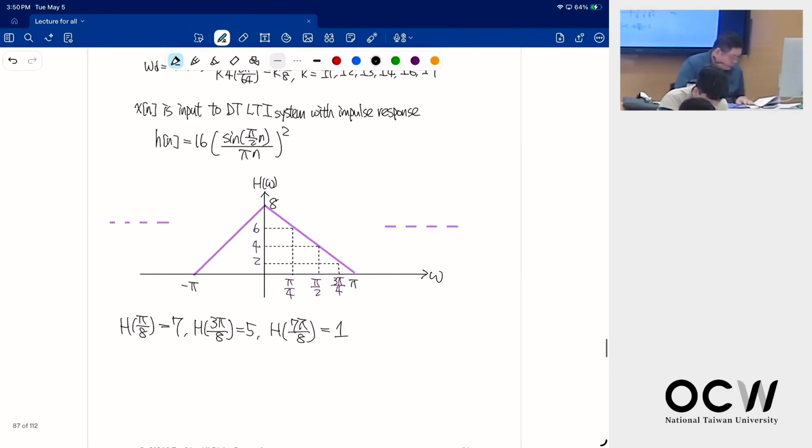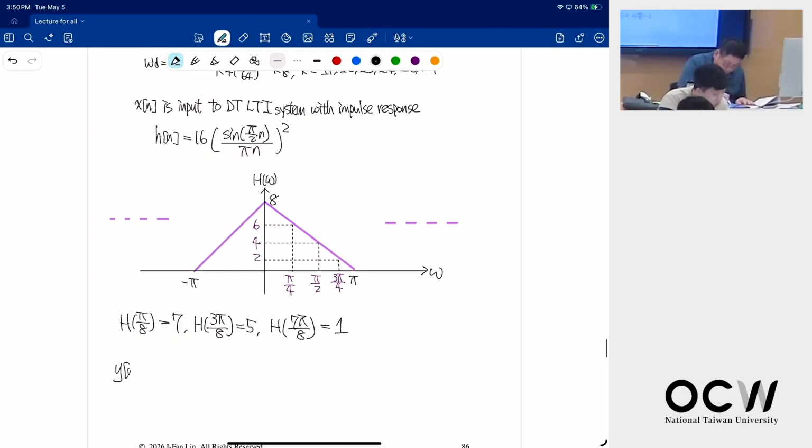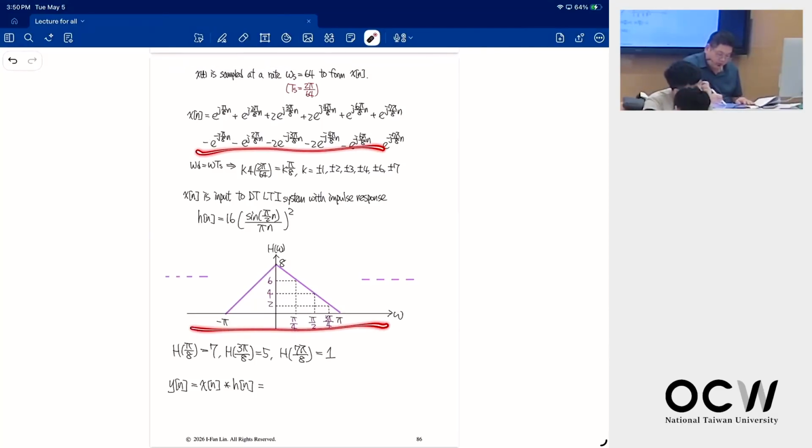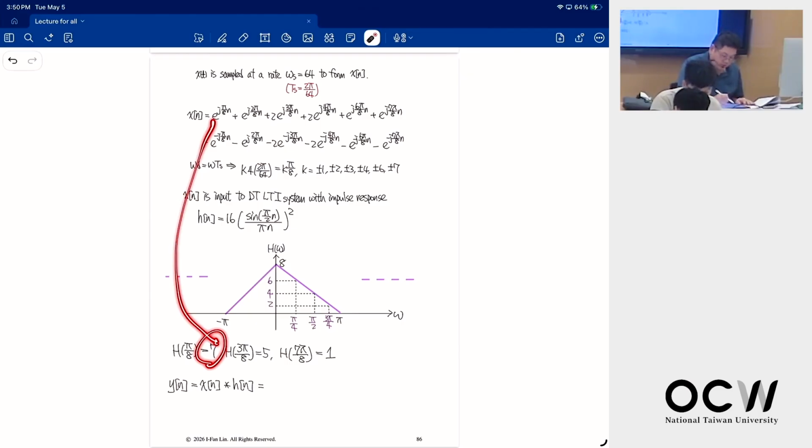So the output from here and here. Okay, the output we know 7 times this 5, and also 6 for pi over 4 and so on.